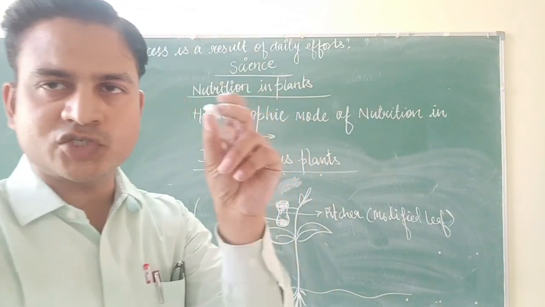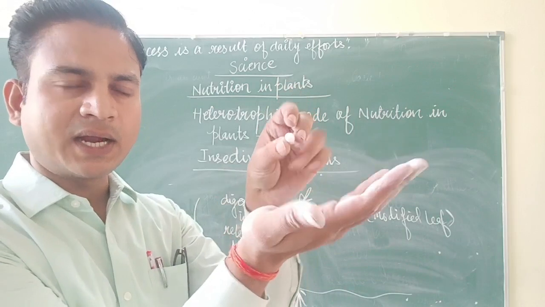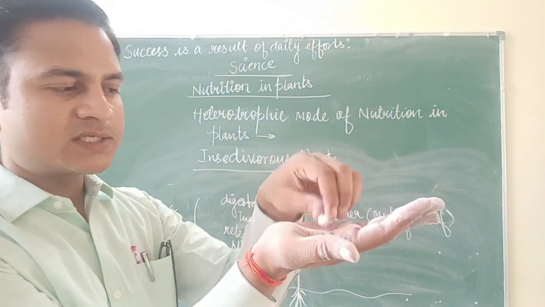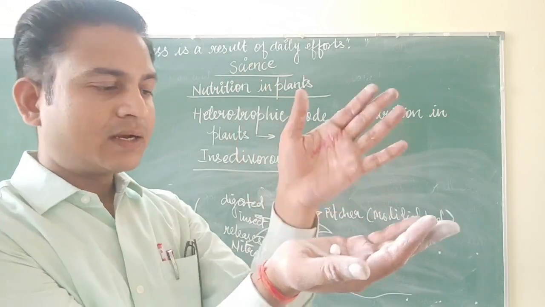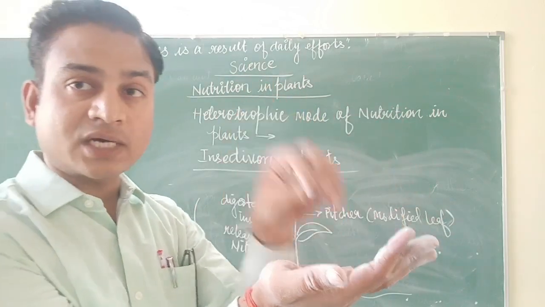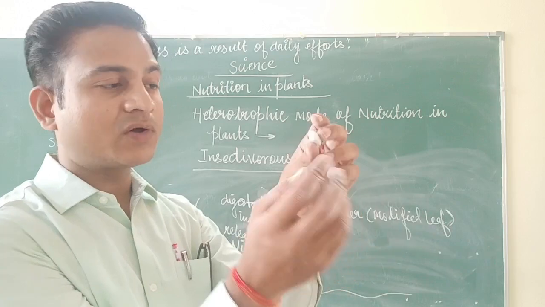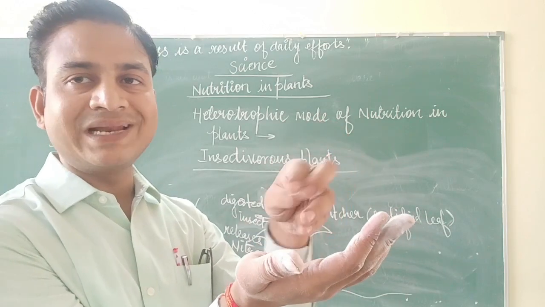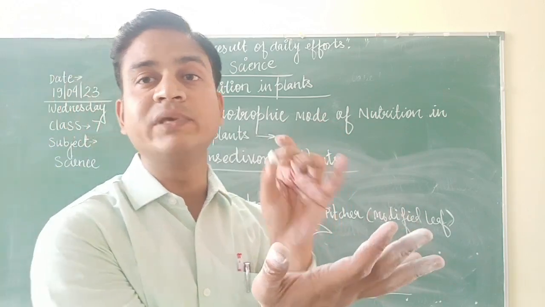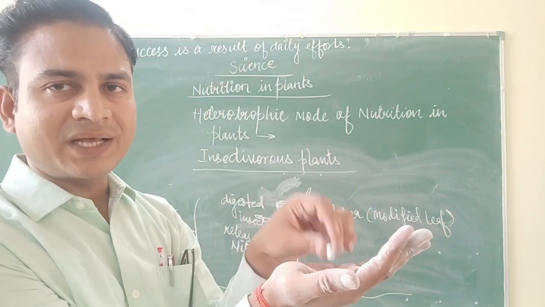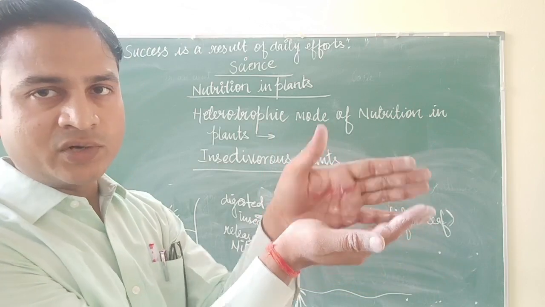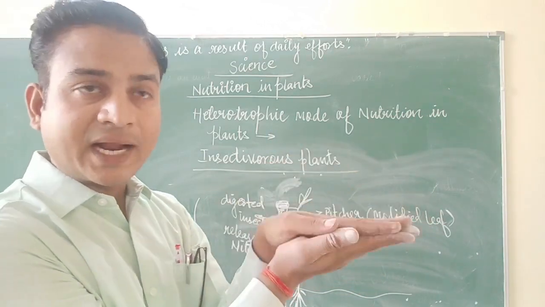For example, this chalk, you consider it as an insect, and this is one flap. Suppose the insect is sitting on it. Now this insect will get stuck to this flap, because this flap is going to release some kind of sticky material called mucilage, and when the insect gets trapped by this mucilage, the upper lid is going to close and the insect will get trapped within it.